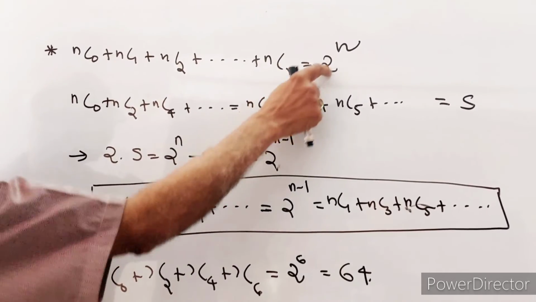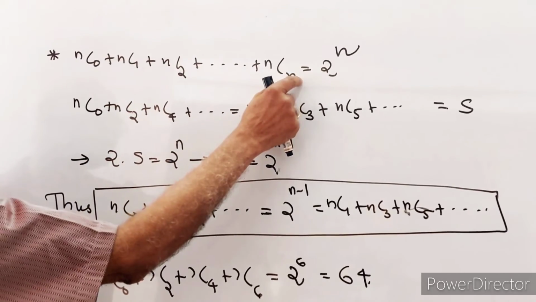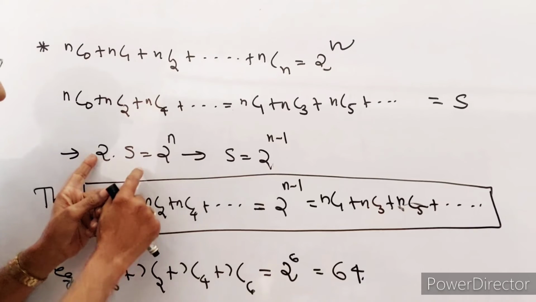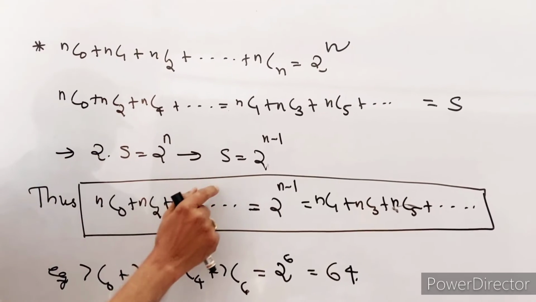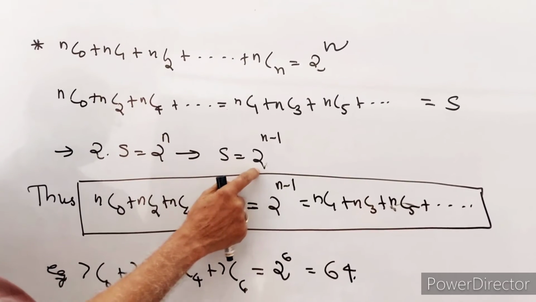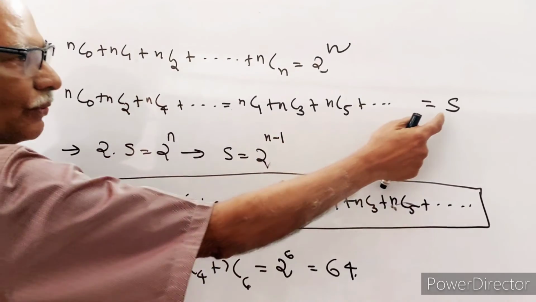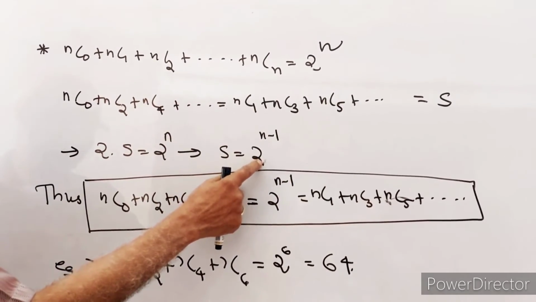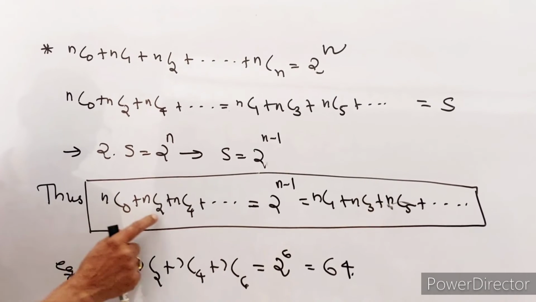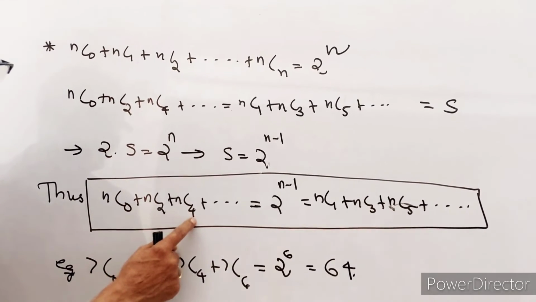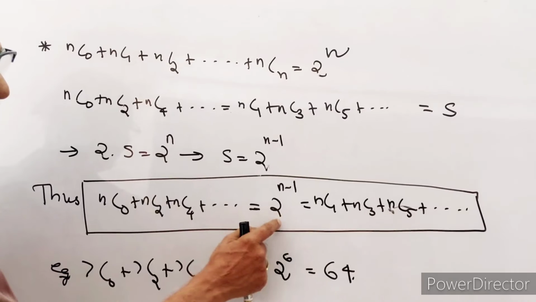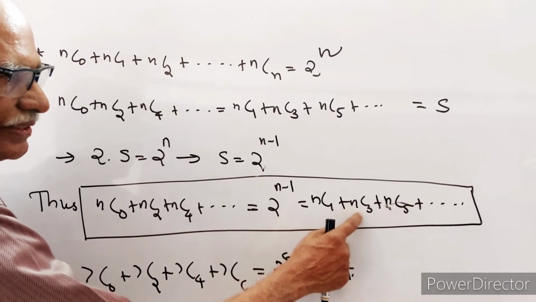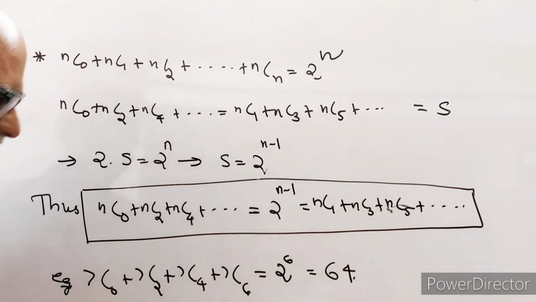So 2s is 2 raised to n, because if you add these two, you get the whole thing. You can divide by 2, giving s is 2 raised to n minus 1. The result: nC0 plus nC2 plus nC4 etc. is 2 raised to n minus 1, which is the same as nC1 plus nC3 plus nC5 plus etc.